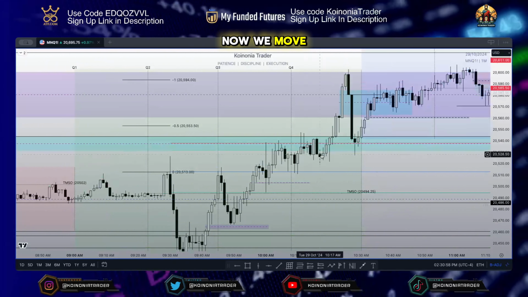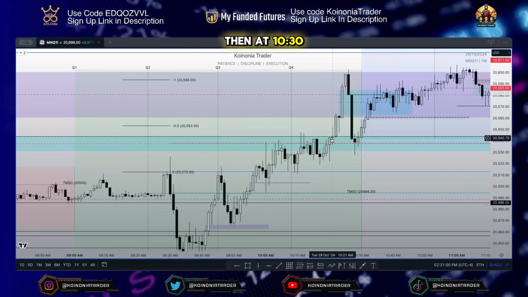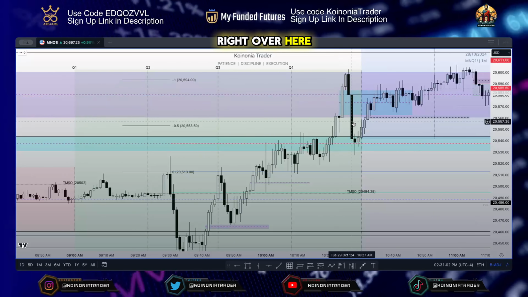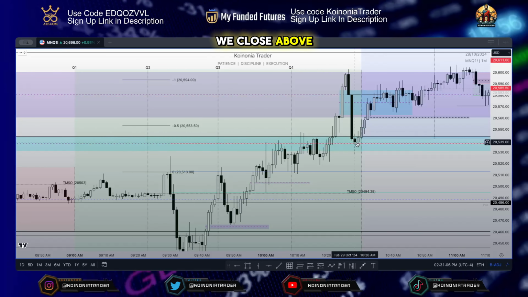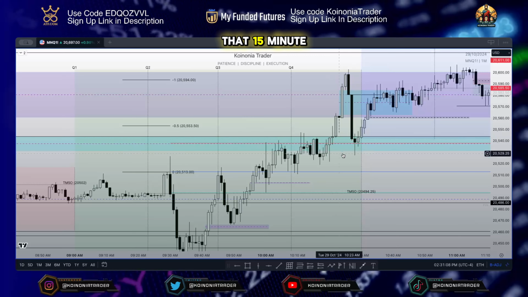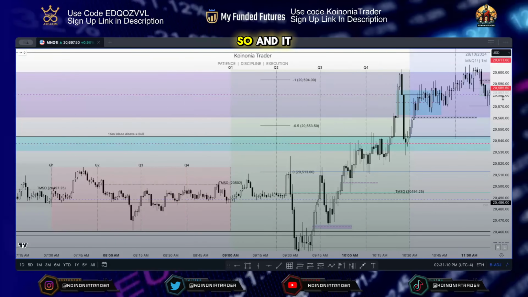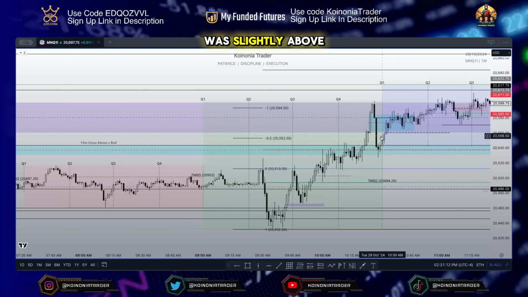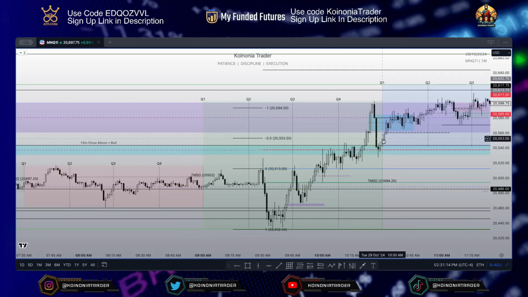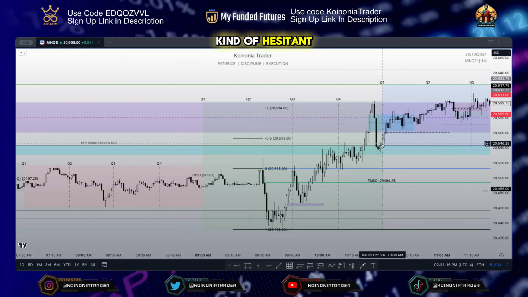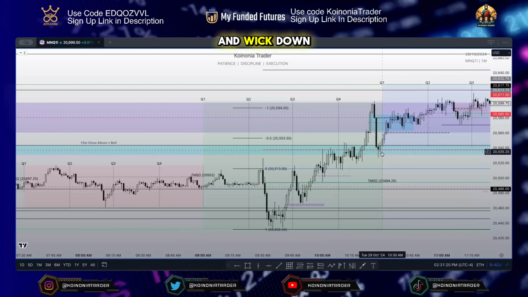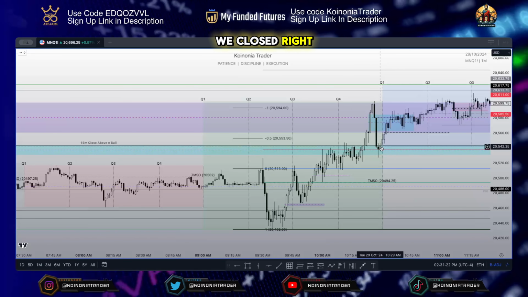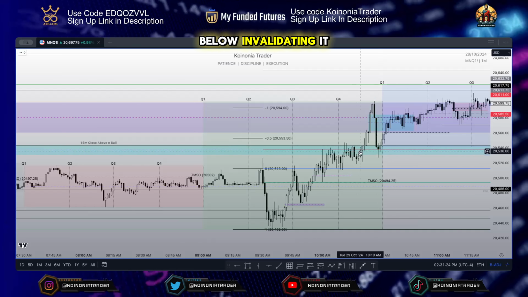Now we move on higher, and then at 10:30, right over here, where is it? 10:30, we close above that 15-minute fair value gap. It was slightly above it, right? I was just kind of hesitant. This was the nasty move up and wick down. We closed right below it, right below invalidating it.